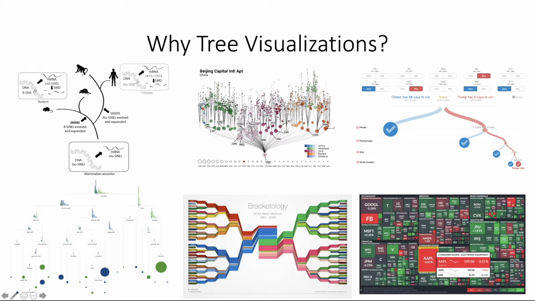Hierarchical organization of data has been the backbone of many scientific discoveries and modern technological advancements. Moreover, we can see that tree visualizations are widely applicable and they're being used in different domains like evolutionary biology, public health, finance, etc.